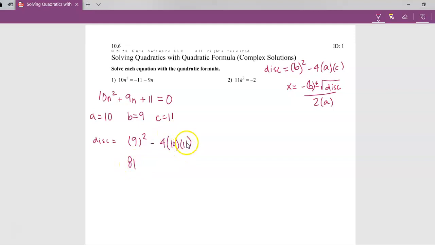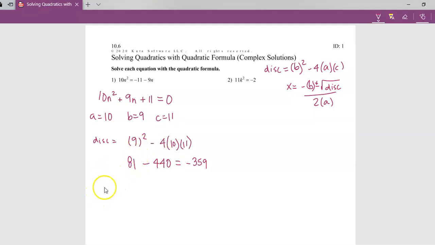Let's see, 4 times 11 is 44, and 44 times 10 would be 440. So that would be equal to negative 359. Let me just quickly double check. Yeah, all right, so negative 359 is our discriminant.